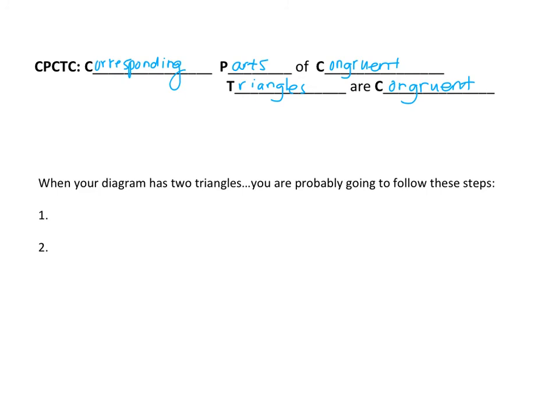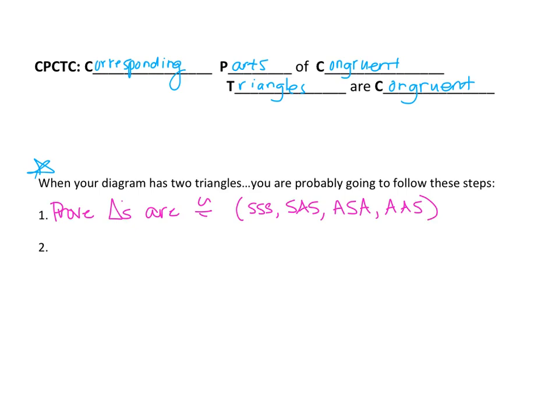So here's just a little helpful advice down here. When your diagram has two triangles, you're probably going to follow these steps. First one will be to prove that the triangles are congruent. And that will most likely be with your side, side, side, side, angle, side, angle, side, angle, or angle, angle, side that we did in an earlier lesson.